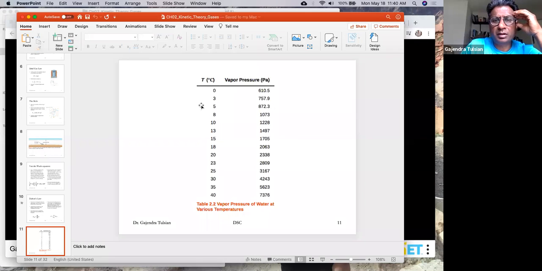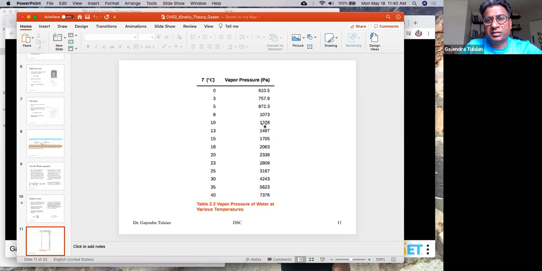This is a table in your book that gives you the saturated vapor pressure of water vapor. This is important in many areas. What this means is that at these temperatures, when it's 100% humidity, the pressure due to water vapor is that much.